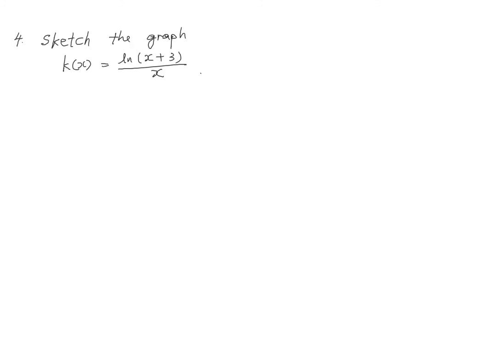X is a member of the real numbers, and x is less than 3. Huh? Why is x less than 3? Inside the bracket. The bracket you try and do and see. x + 3 must be greater than 0. So how can it be less than 3?